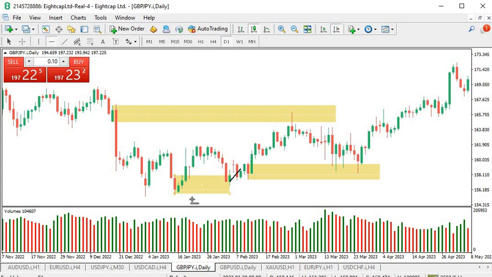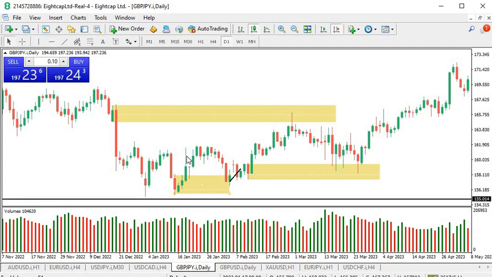Below 5 to 6 pips below this zone, because sometimes the market just mitigates this zone and goes a little below this area, 2-3 pips. So we will place the stop loss 5 to 6 pips below this zone.